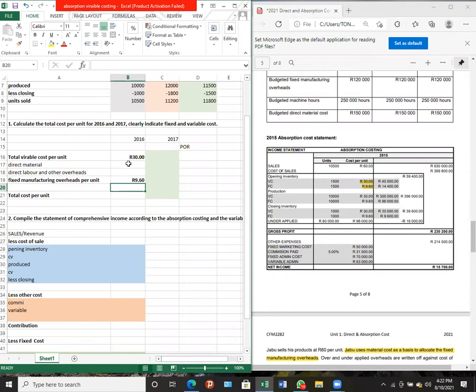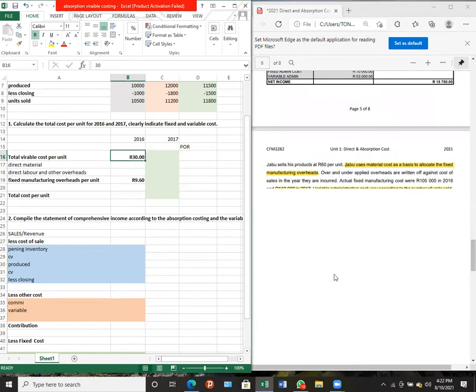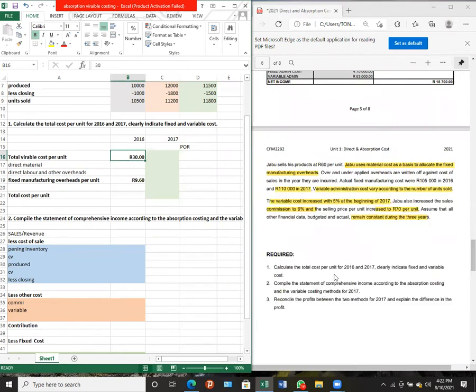Remember how to calculate the variable cost per unit, guys. This 30 rand was made up of direct material, direct labor, and other overhead. Because here, guys, we don't have enough information. We cannot determine how much is direct labor, how much is other variable overhead.